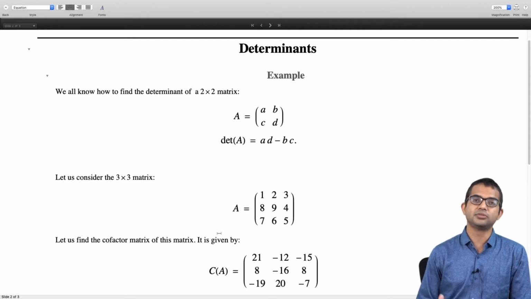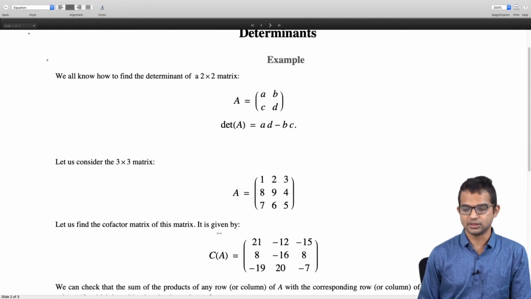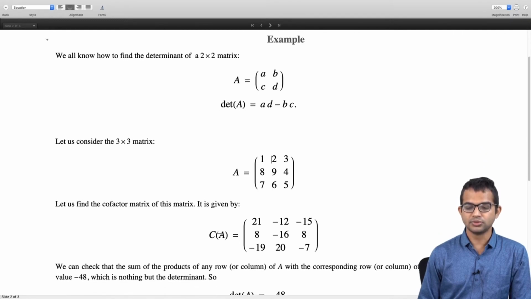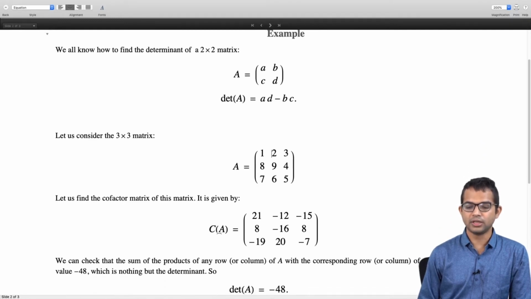It becomes tedious if you have very large matrices, but this is a prescription which will generalize even to higher dimensions. Once you have this cofactor matrix, what you can observe is, if you multiply any row of the original matrix, let's look at the first row of the original matrix and the first row of this cofactor matrix.